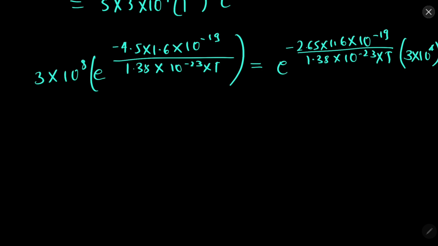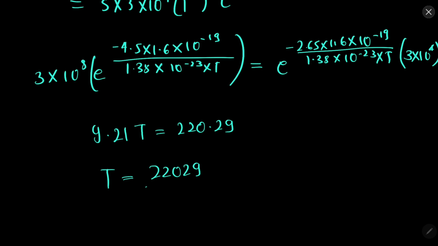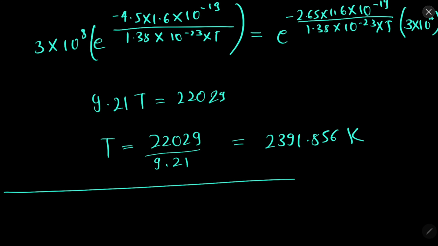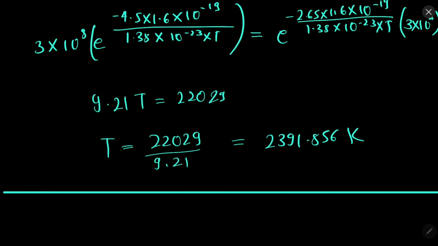So taking the natural log and simplifying, we will obtain this value. So T will be 22029 over 9.21, so it will be 2391.856 Kelvin. So this much temperature will be there.